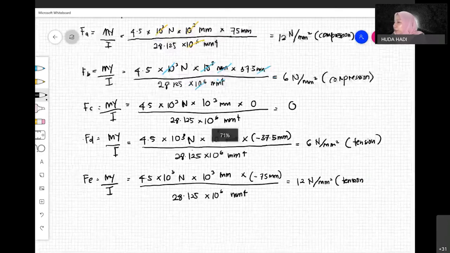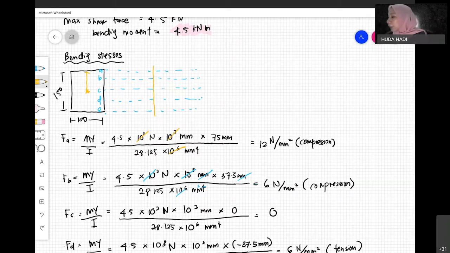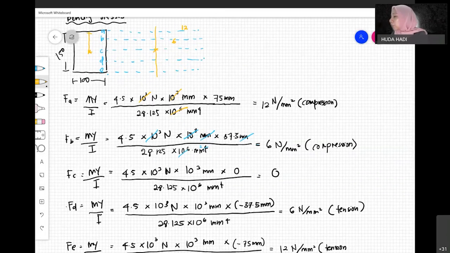We can plot for point A 12, so you letaklah sini 12. Okay, for point B this is 6, so must be half of it. And for ni 0. And then you have 6 for tension and 12 for tension. So anything yang tension must be on your left.